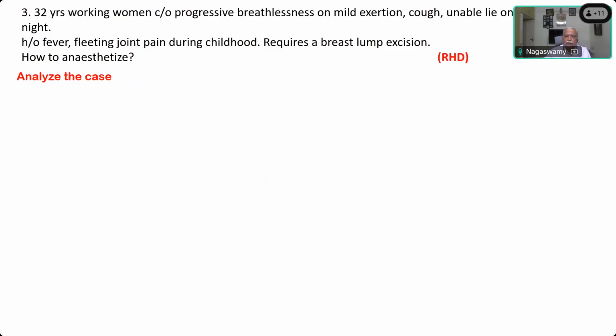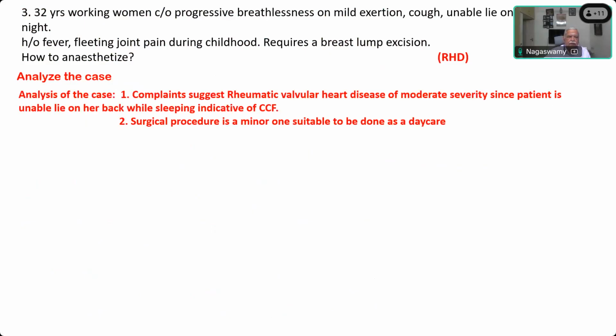I have given a small clue in the question itself. Rheumatic heart disease. Rheumatic heart disease patient. Okay, very good. The complaints are suggestive of rheumatic valvular heart disease of moderate severity, because the patient has a cough, is unable to lie on her back, and had fleeting joint pain during childhood.